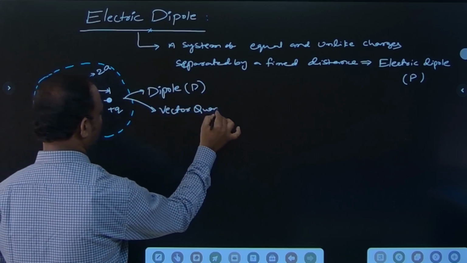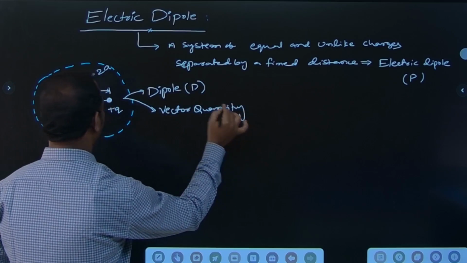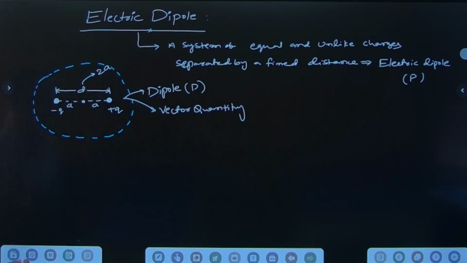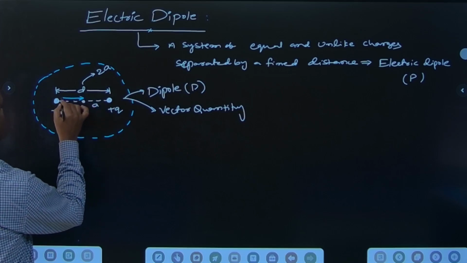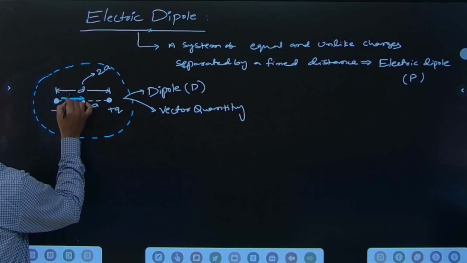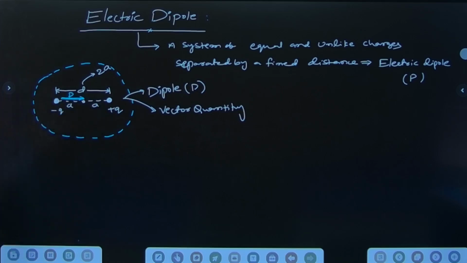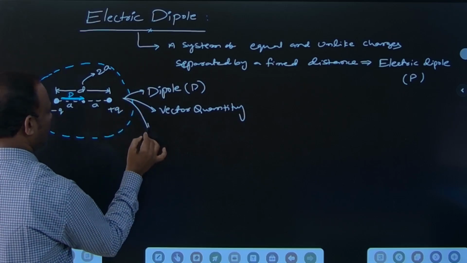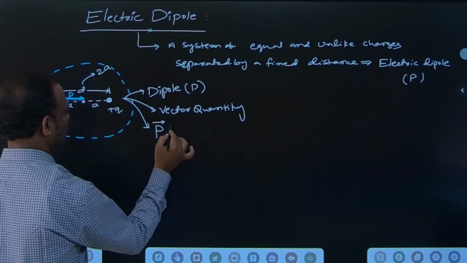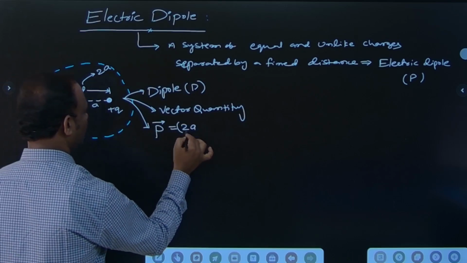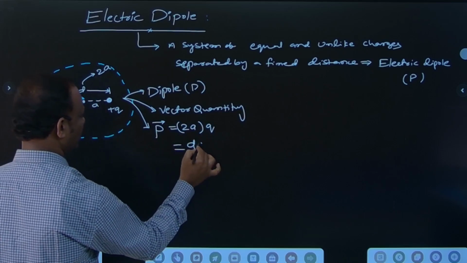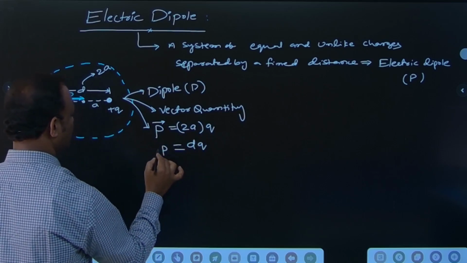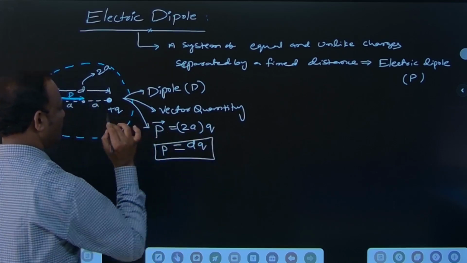Dipole moment is directed from the negative side to the positive side. The dipole moment P bar is equal to 2a into q, and that 2a we can also say is d, so P is d into q.